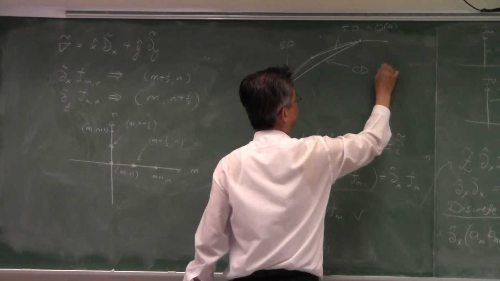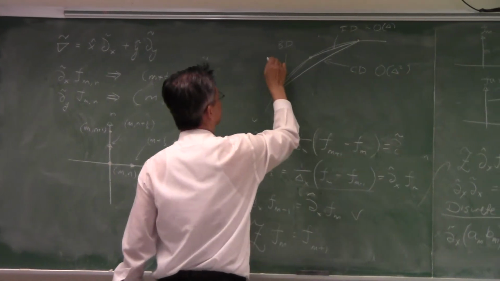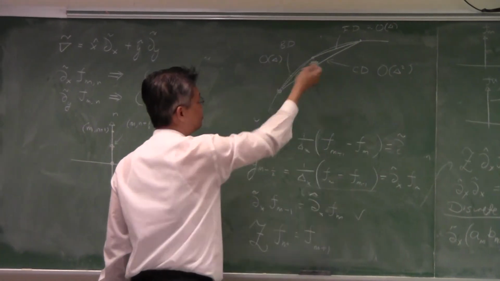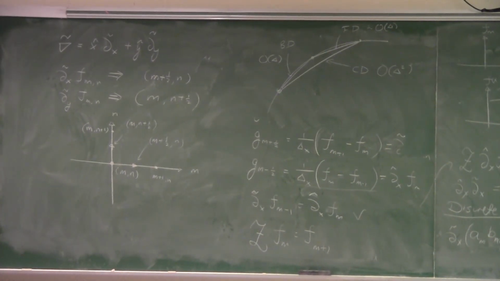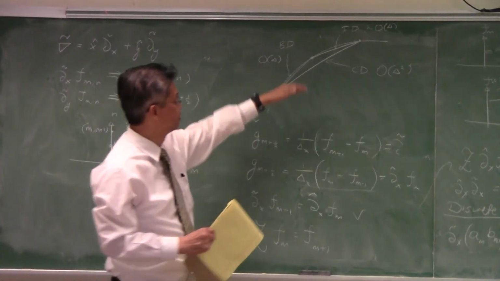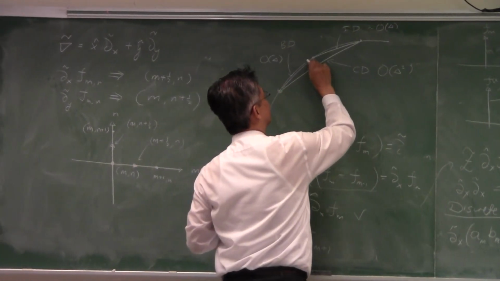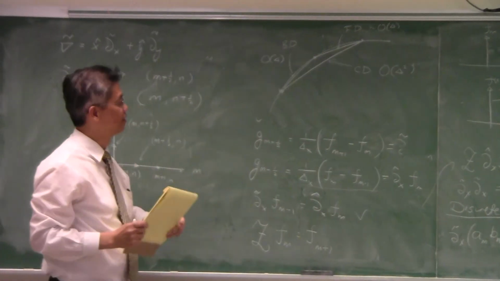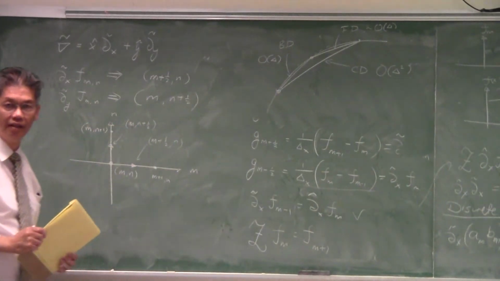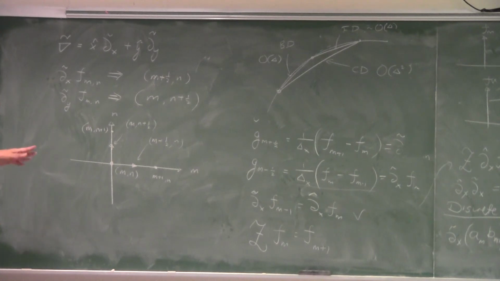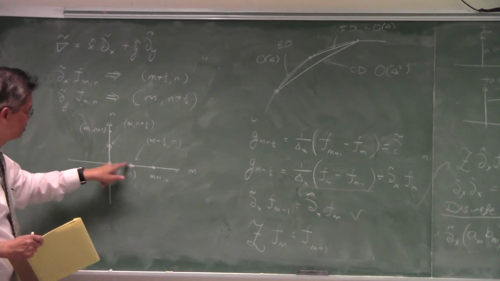The central difference has an error that's order delta squared. The backward difference has an error that's order delta. You can prove that very easily. It's proved in the textbook, but I'm sure that you've seen it proven elsewhere. And you can see the graphical proof by this picture also. This line is almost tangential to this. The actual slope is this line here. So you can see that this central difference is second order accurate, forward and backward difference are first order accurate.